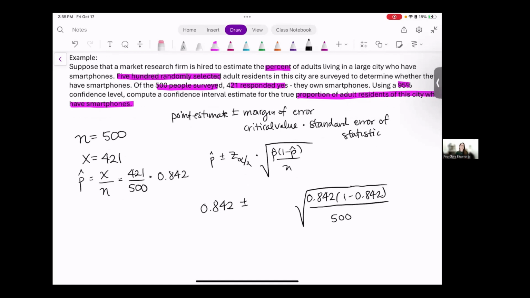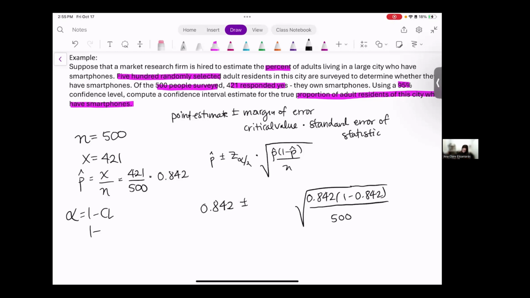Well, what is the z-score that goes along with this value that I'm looking for? This is a 95% confidence interval, and so I need to know what the alpha level is that goes with that so that I can calculate alpha over 2. Now, remember that alpha is the probability of committing a type 1 error. We'll get there next time. But alpha is 1 minus the confidence level.